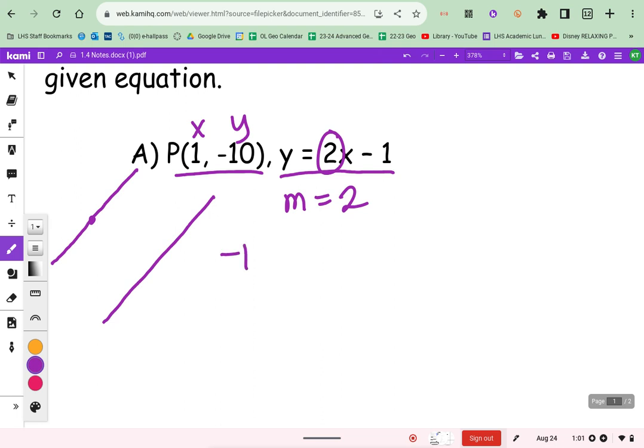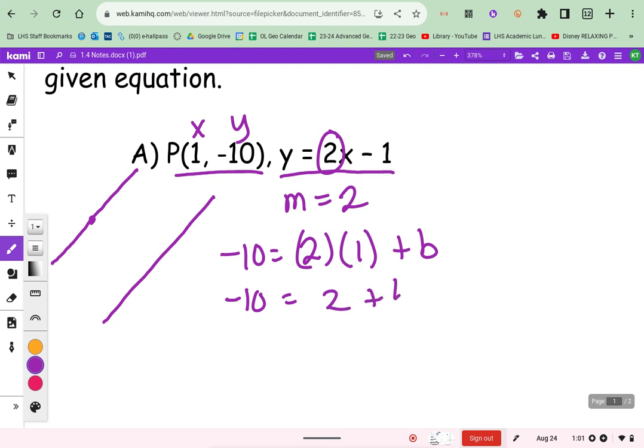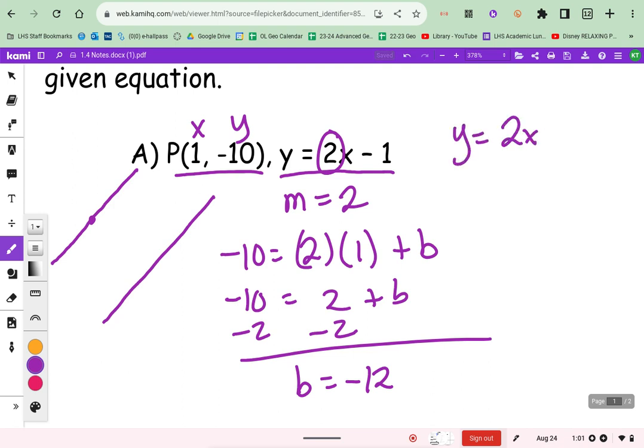So negative 10 equals 2 for m, 1 for x, plus b. Now we just simplify, so I'm going to subtract 2 from both sides to get b equals negative 12. So my solution is y equals 2x minus 12. So they're parallel lines because they have the same slope and different y-intercepts.